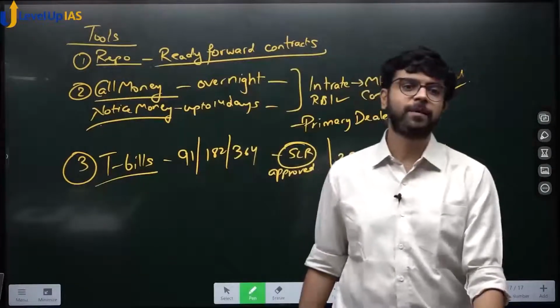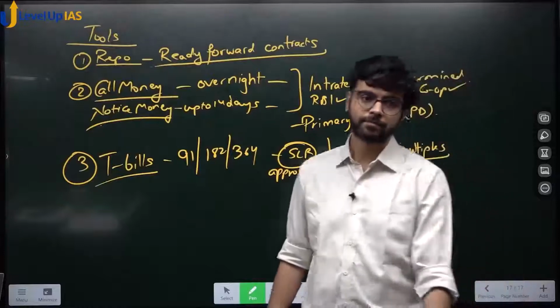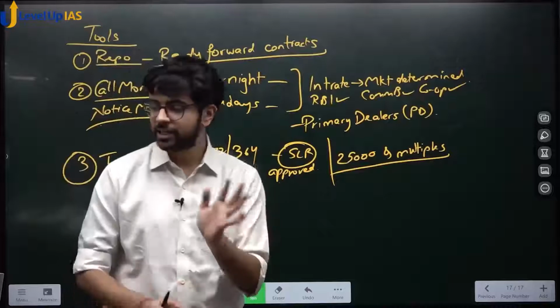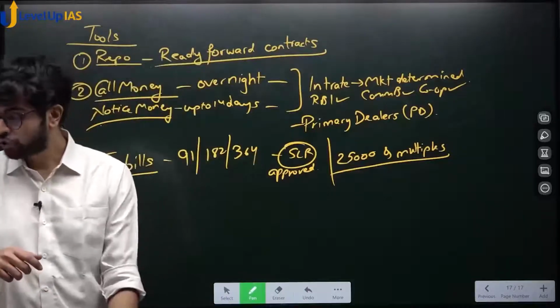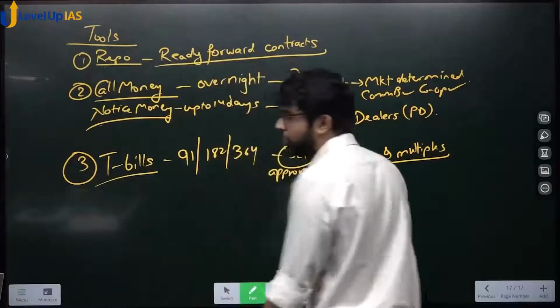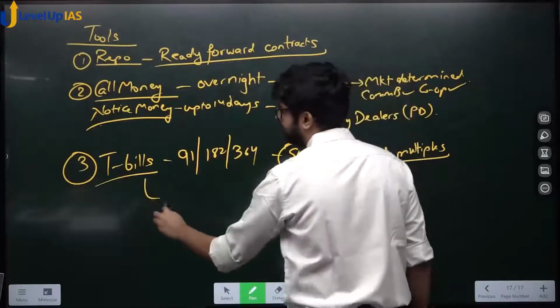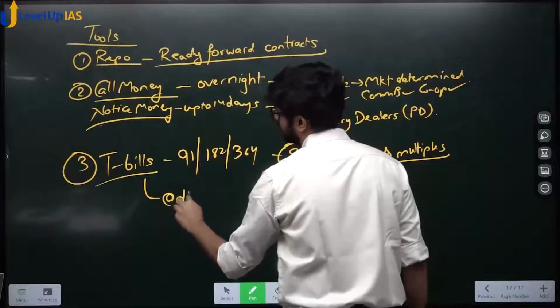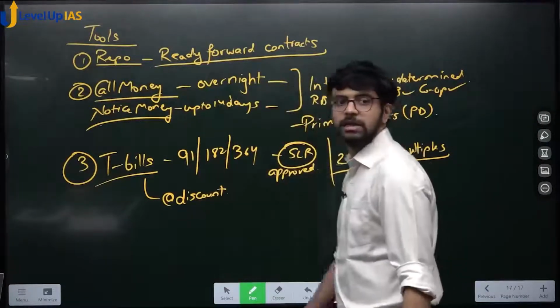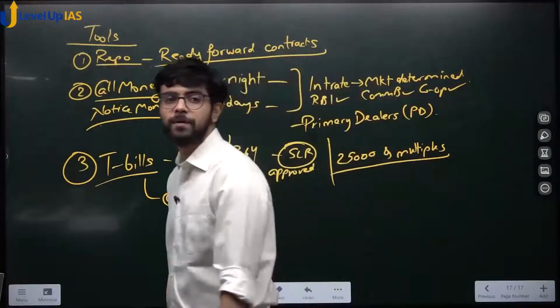When you buy a treasury bill, who gets the money? The government. It gives you an instrument on which maturity and interest are written. Now, 99.99% of treasury bills are issued at a discount. Treasury bills are issued at a discount.